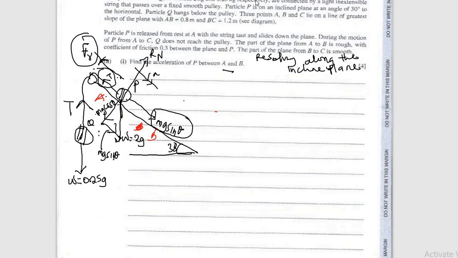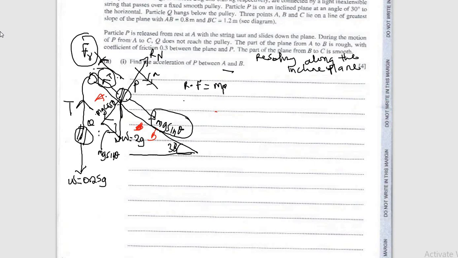So the forces acting on P are three forces: one down, two upward. So we need to find the resultant force.